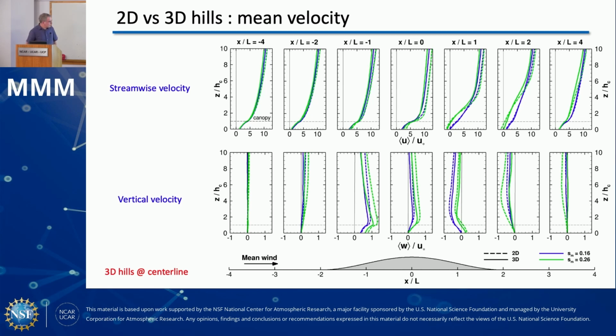One of the things I wanted to make sure to note here is that these are quantities in a coordinate system relative to the flat terrain. Very different than if you're using a planar fit method and putting your sensor on the side of the hill somewhere and trying to rotate things into a mean wind direction.